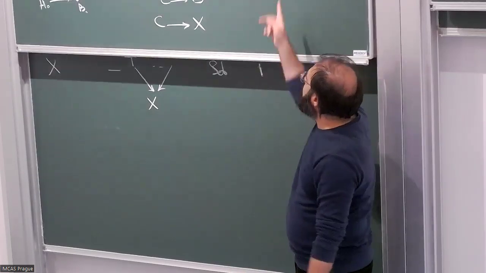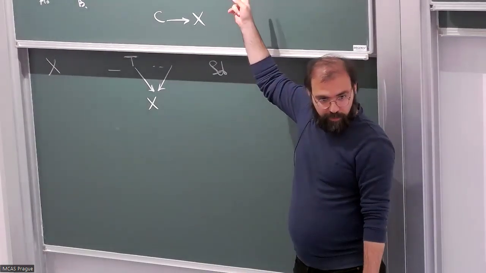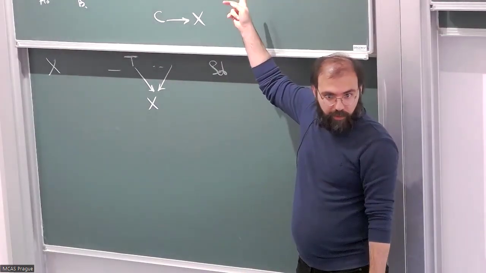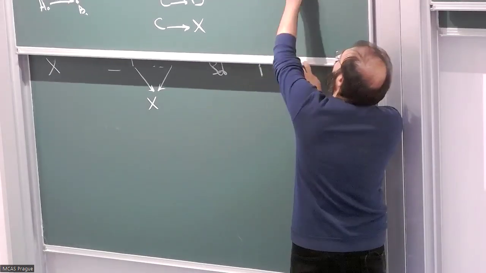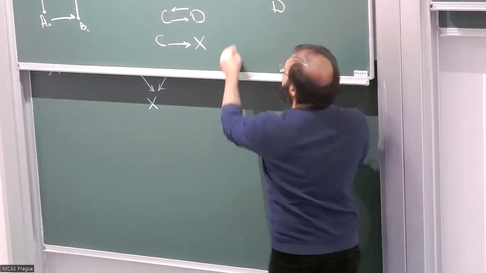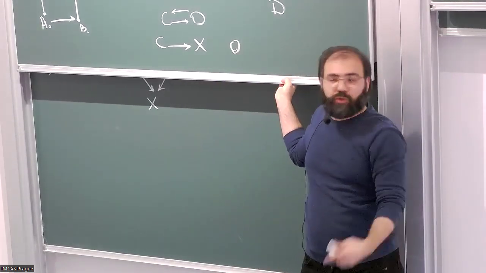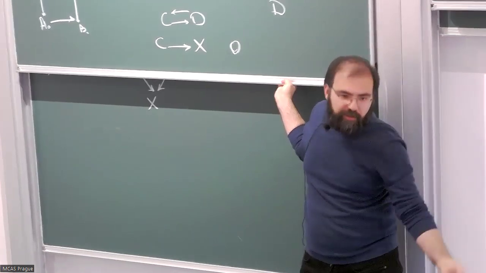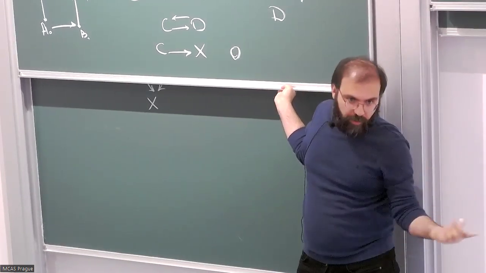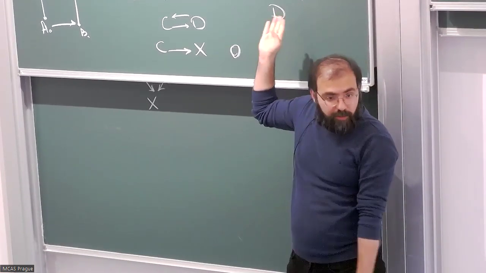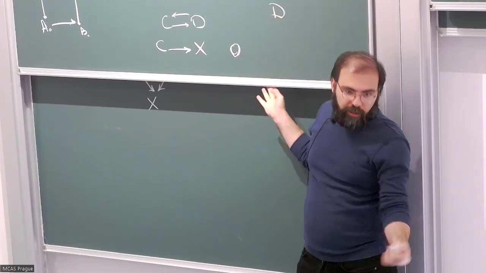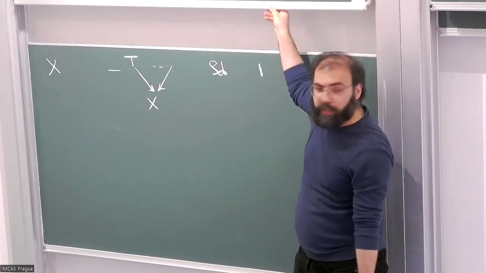By the way, this object is unique up to isomorphism, so it deserves a name. The name is 1. The terminal object is 1. The initial is 0, up to isomorphism. There are many singletons, but up to isomorphism there is just one.